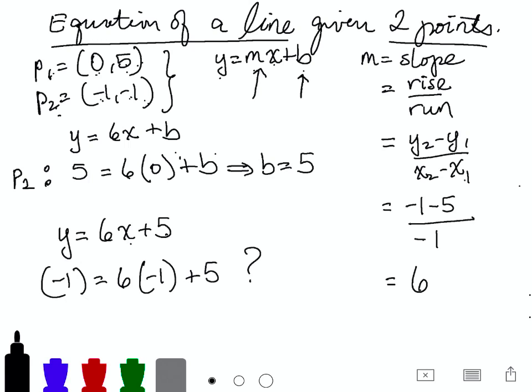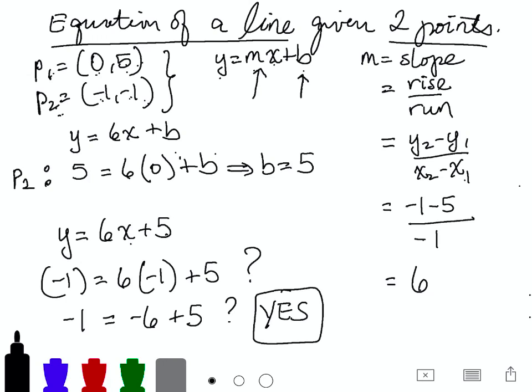So is that true? In other words, does P2 lie on this line? Let's see. Is negative 1 equal to negative 6 plus 5? Yes. So P2 does live on this line, P1 does live on this line, and so this is the equation of the line that passes through P1 and P2.